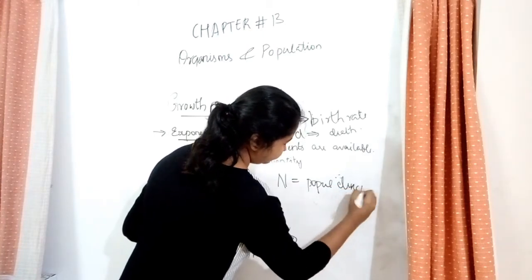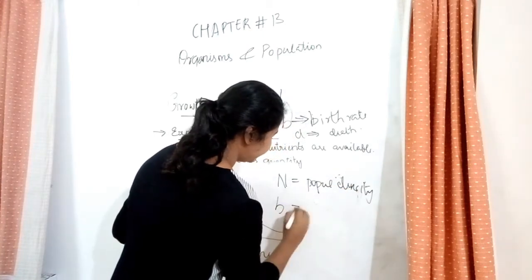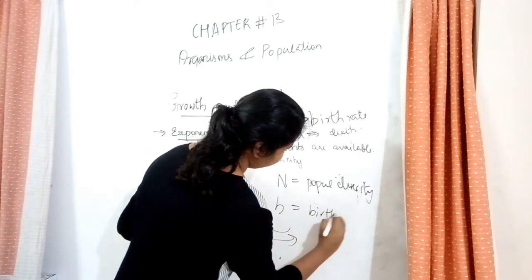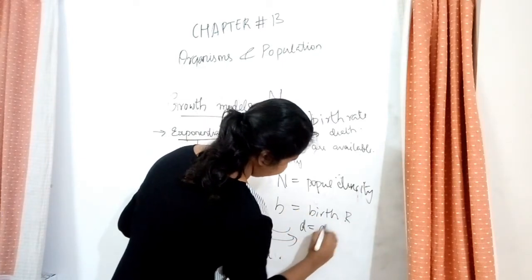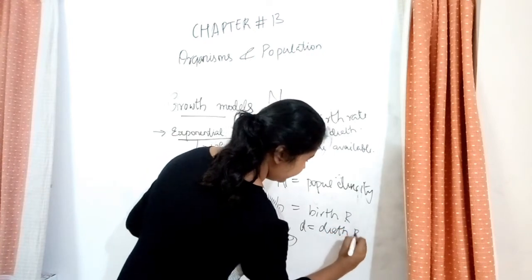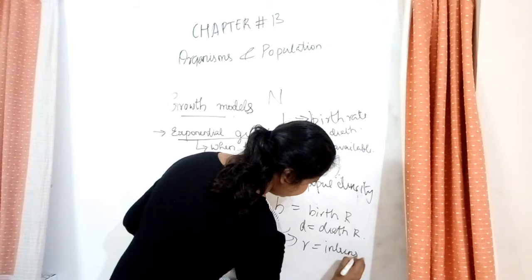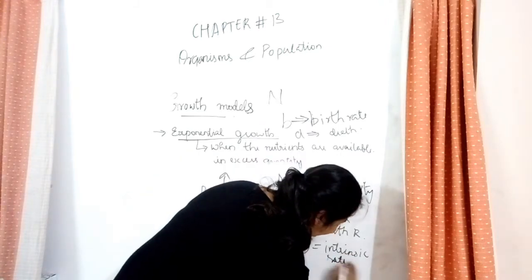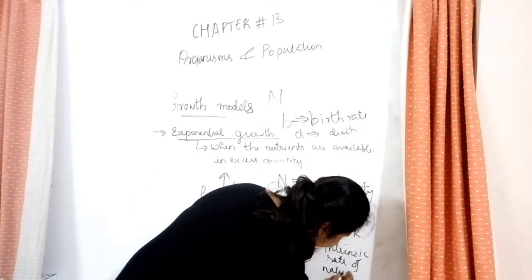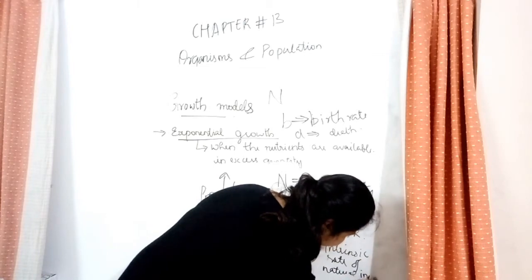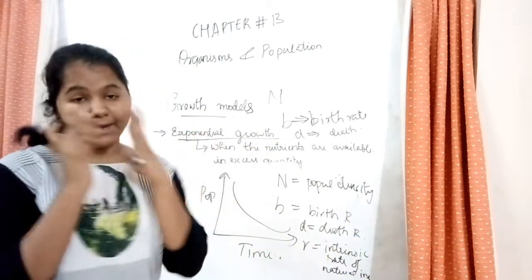B is birth rate. D is death rate. Then r is the intrinsic rate of natural increase.